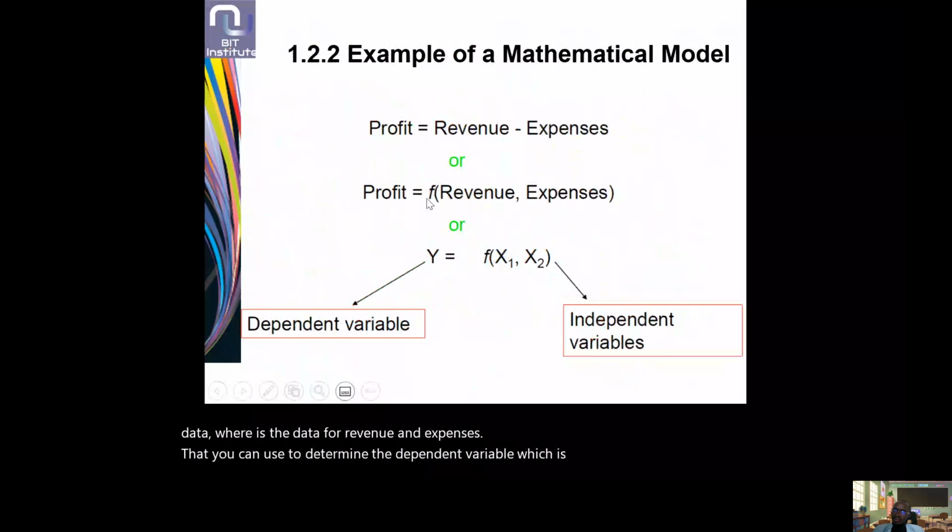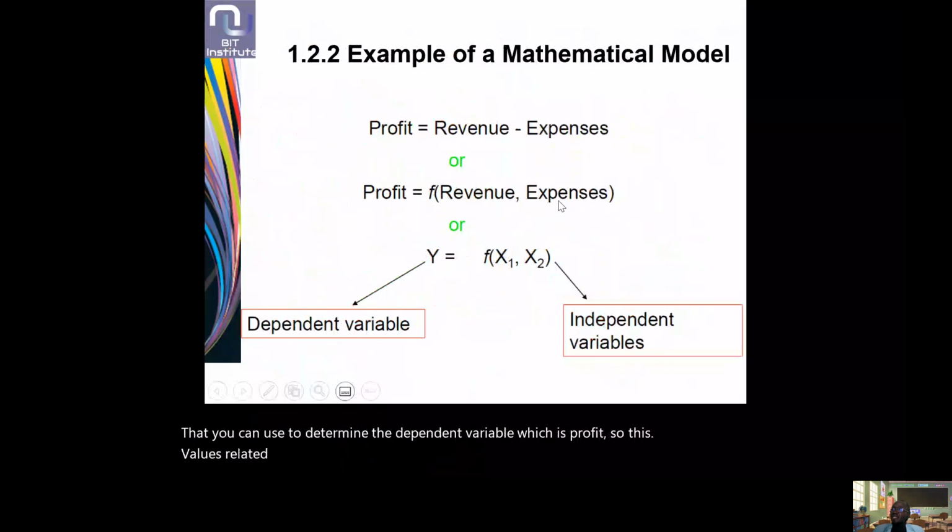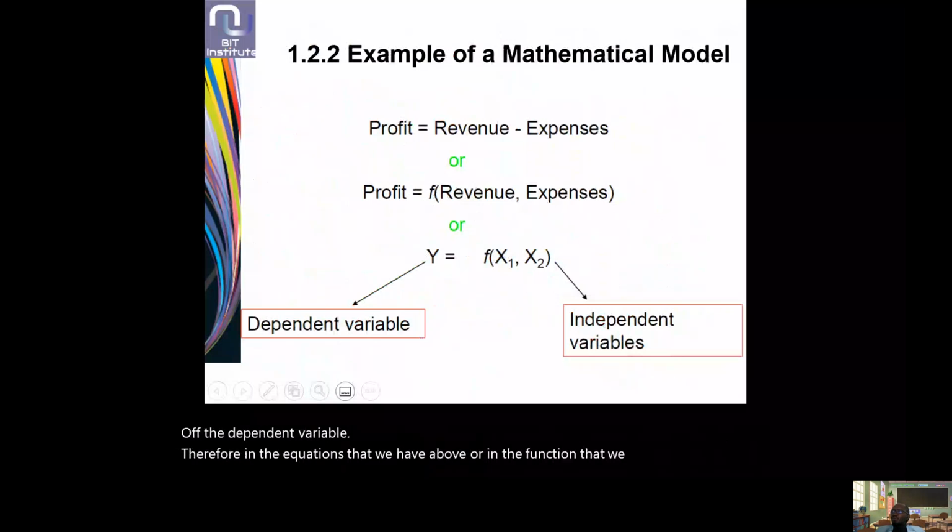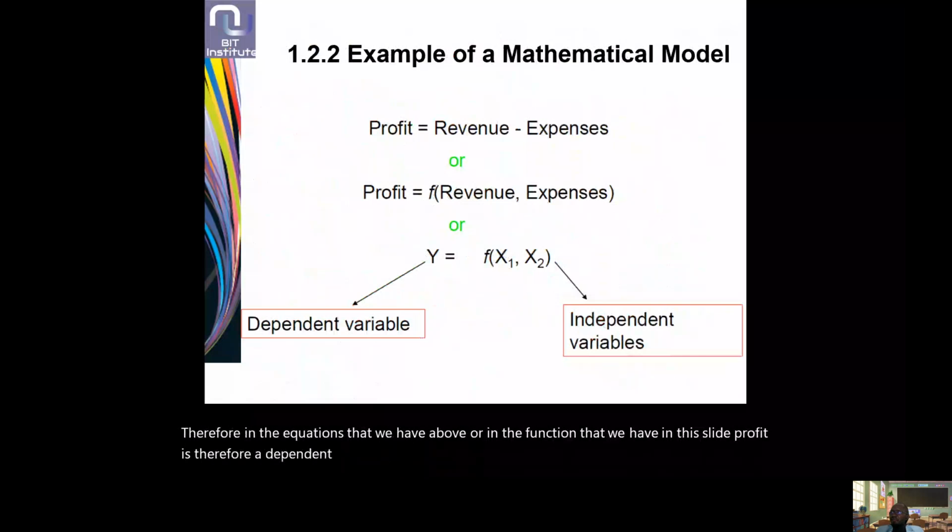So the values related to these variables of revenue and expenses are what are known as the independent variables. In other words, the independent variables influence the behavior of the dependent variable. Therefore, in the equations and functions in this slide, profit is a dependent variable, whereas revenue and expenses are independent variables.